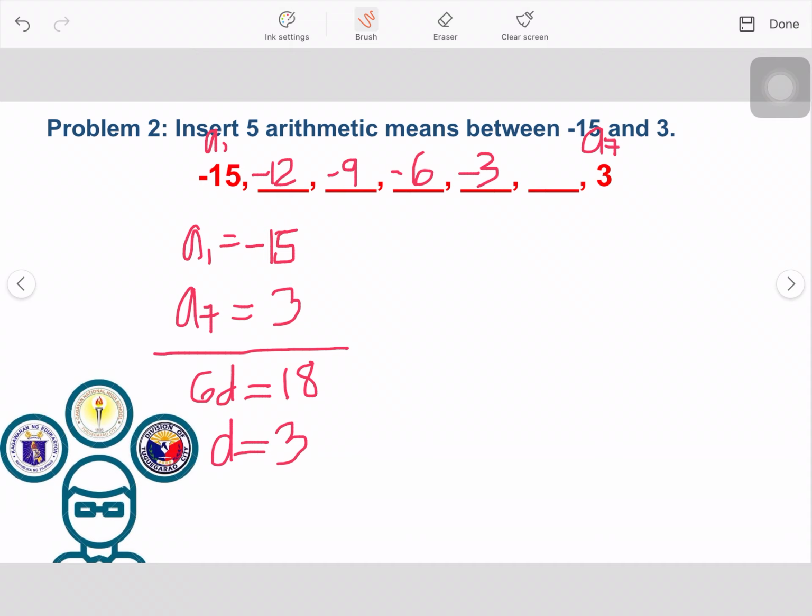Negative 3 plus 3 will give me 0. And 0 plus 3 will give me the last term, 3. So therefore, the 5 arithmetic means between negative 15 and 3 are negative 12, negative 9, negative 6, negative 3, and 0. Let's move to the next problem.